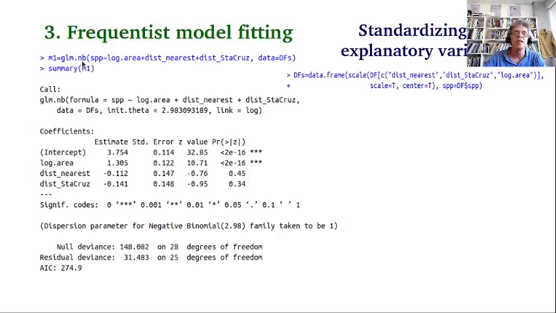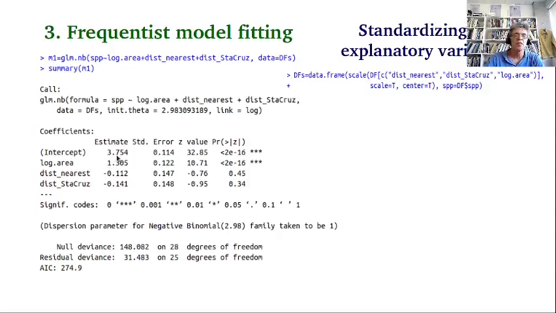NB, of course, stands for negative binomial. These are the three numerical explanatory variables that are included in the model, and here the intercept simply is the value of the log of the mean number of species when the three explanatory variables are 0. The three explanatory variables being 0 means that they are at their mean values.